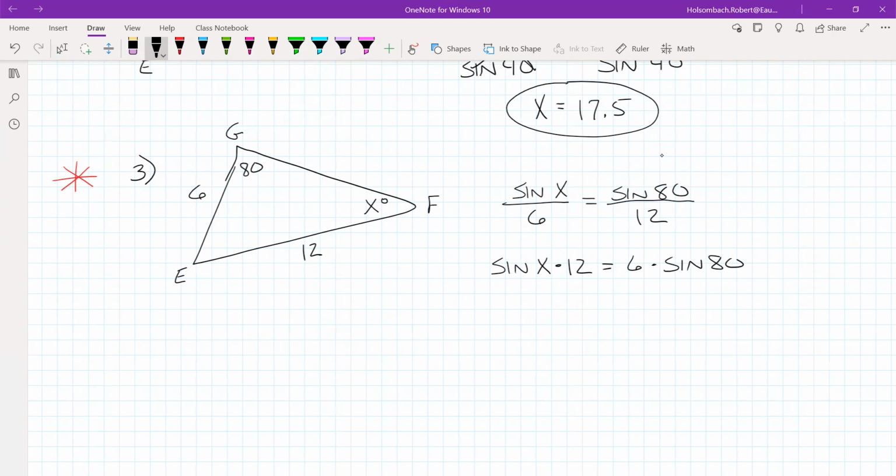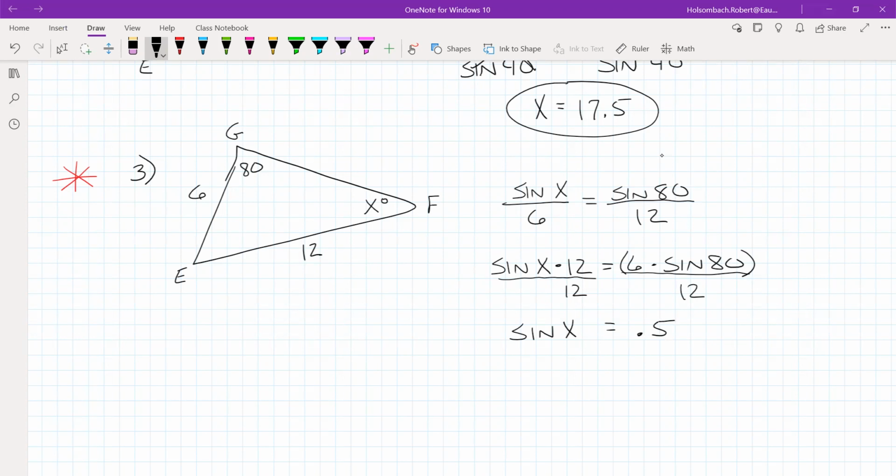Now we're trying to solve for a variable, so we're going to divide both sides here by 12. So sine of X is equal to, same function in your calculator, I'm doing 6 times 80 sine equals, and then I'm dividing by 12 and hit equals. Now leave that on your calculator, it's 0.5.